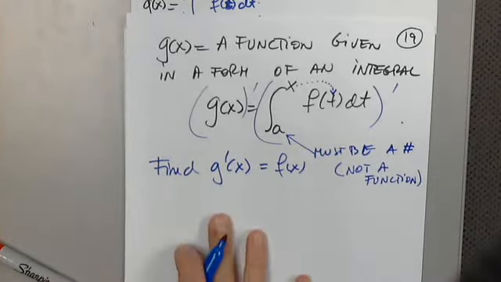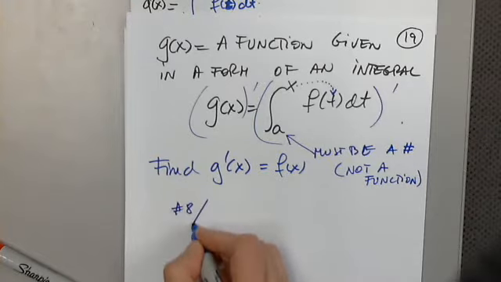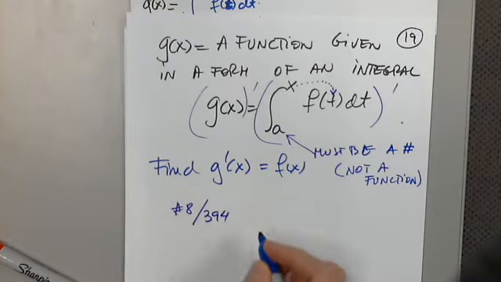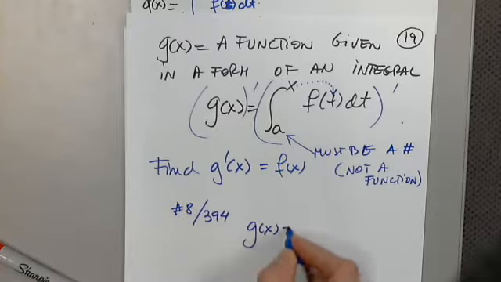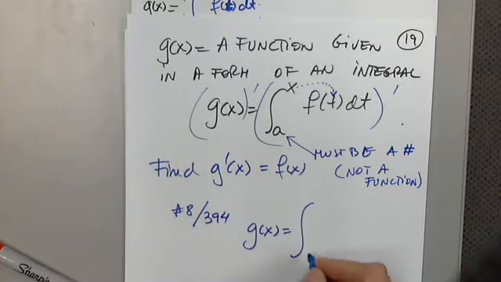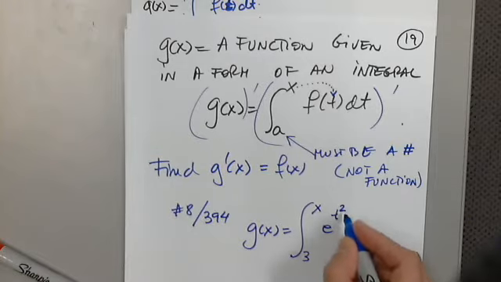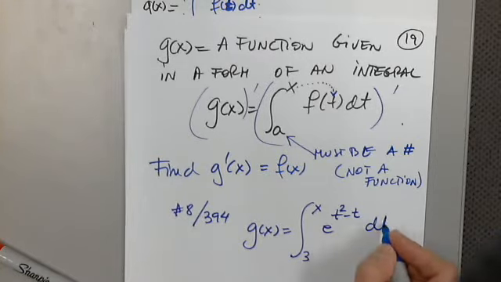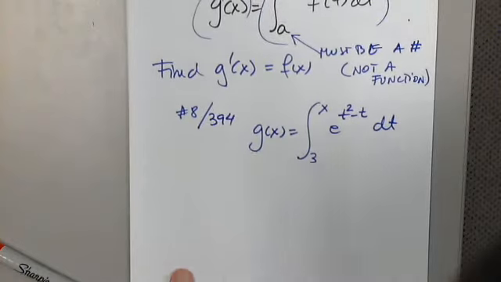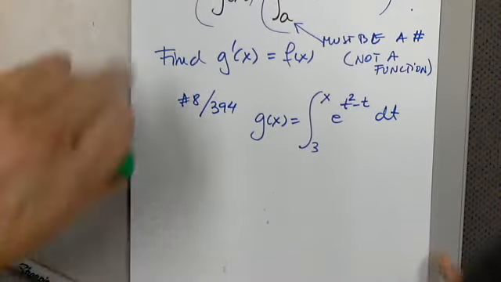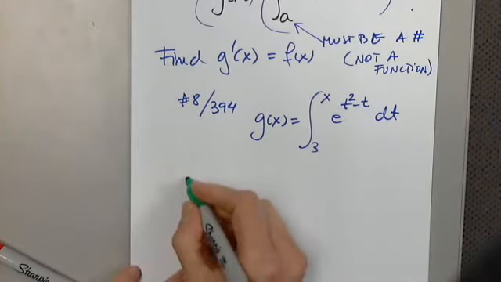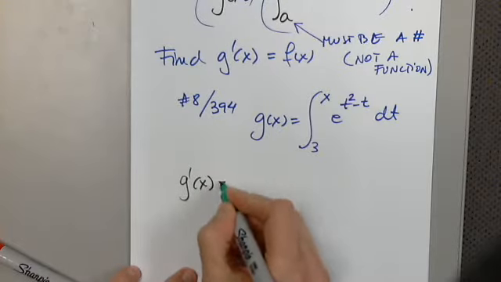So here it is. In problem 8 on page 394, we are given a function in a form of the integral from 3 to x of e raised to t squared minus t, of course, dt. No one can ask us to evaluate something like this. We can only be asked to find the derivative of this function. So can anyone give us the derivative of this function?